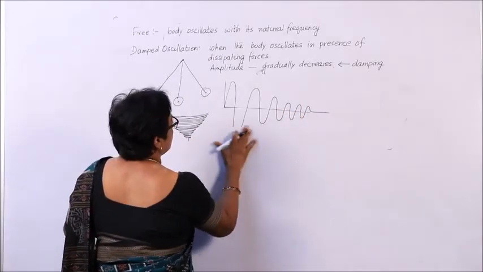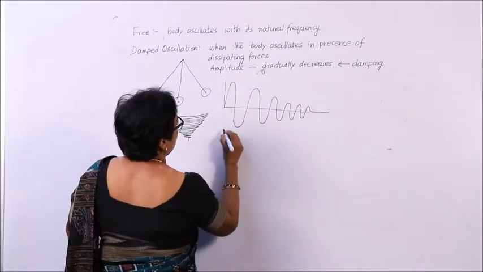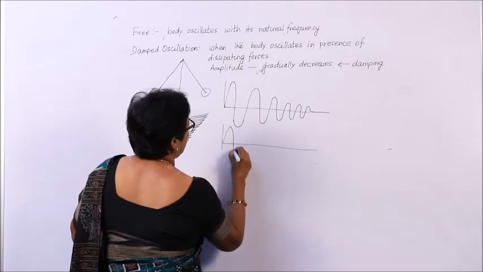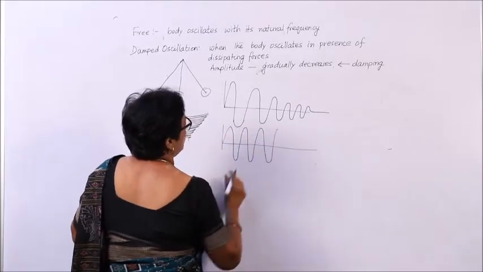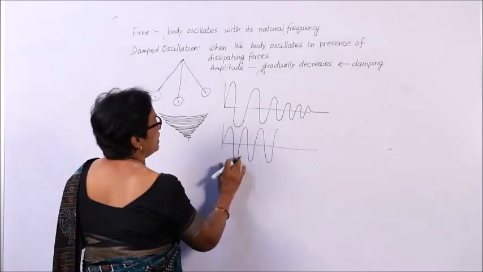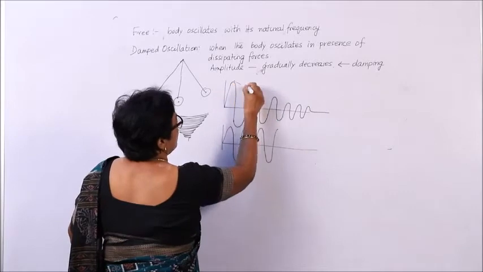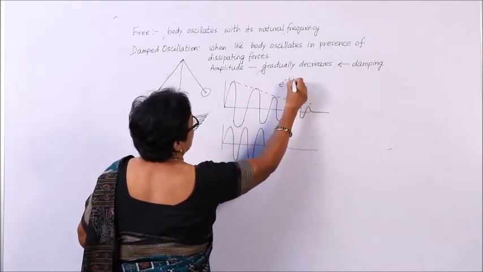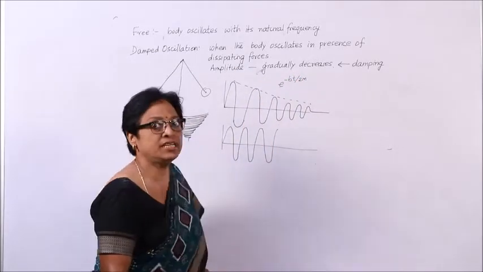In the ideal case, it should have been constant like this, but instead gradually this amplitude is decreasing, and this is like an exponential graph. This is e to the power minus bt by 2m. So this is something like an exponentially decreasing graph.